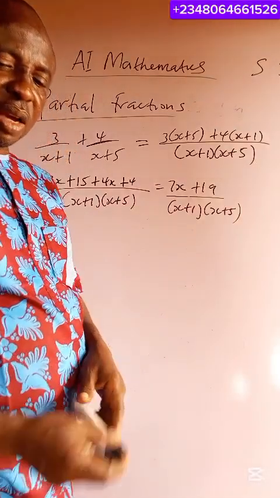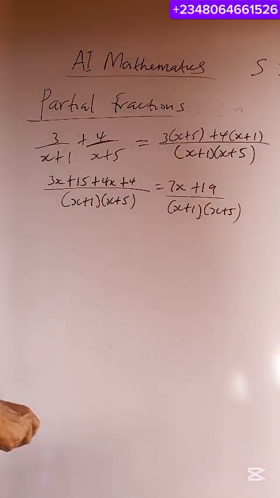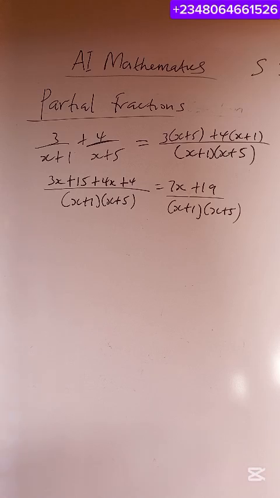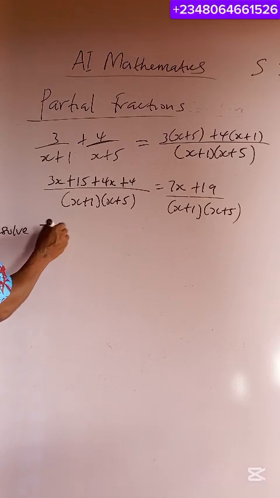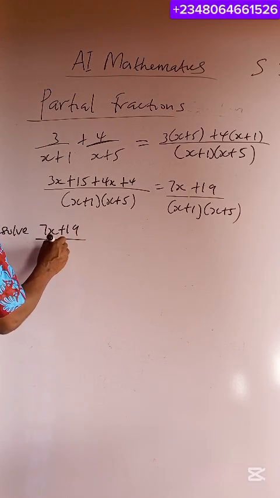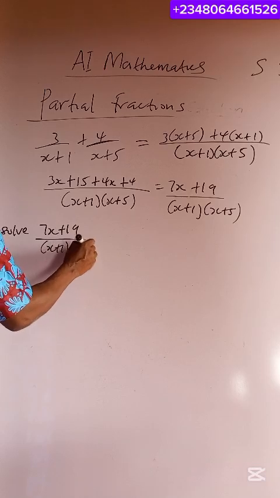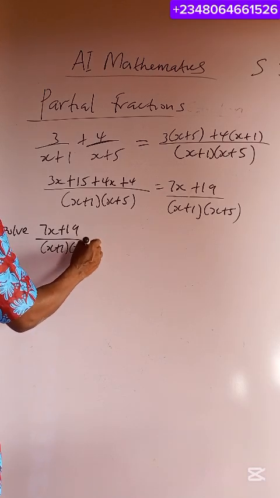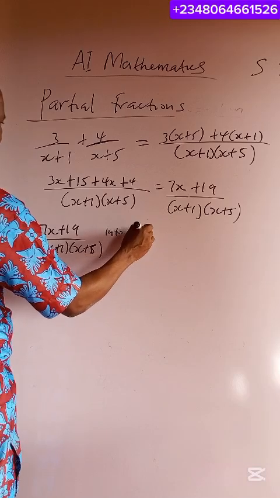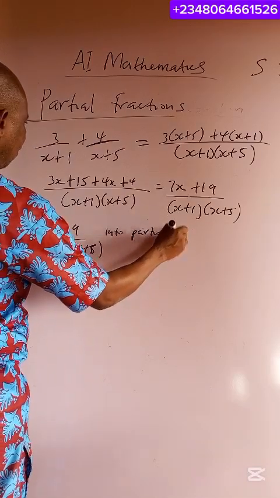For instance, resolve this one into partial fraction. Resolve 7x plus 19 over x plus 1, x plus 5 into partial fraction.